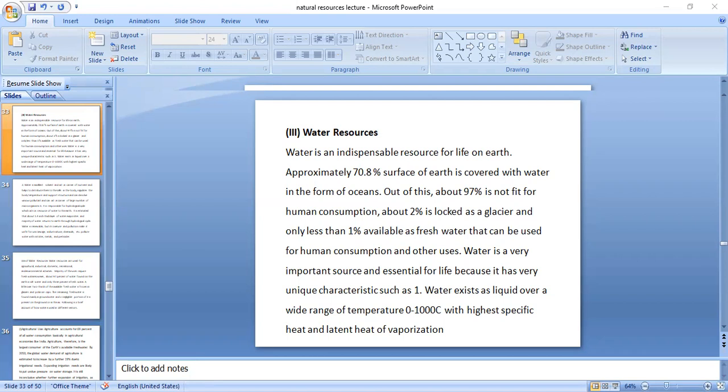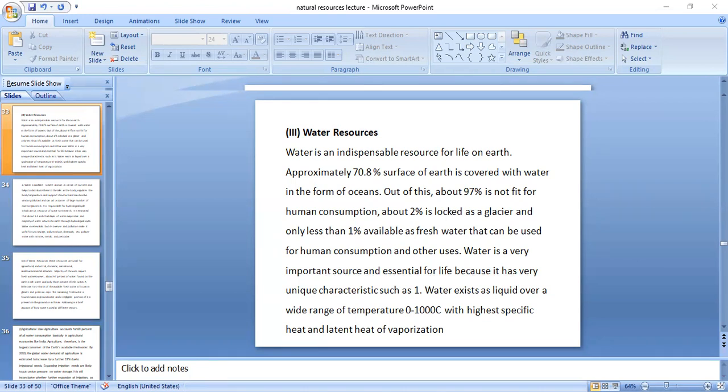Means we have a saying that किसी भी चीज का ज्यादा होना या किसी भी चीज का कम होना दोनों ही अच्छा नहीं है. There should be everything in a proper and balanced manner. Same is with the natural resources. No matter they are renewable resources, even though they should be in a balanced manner, right?